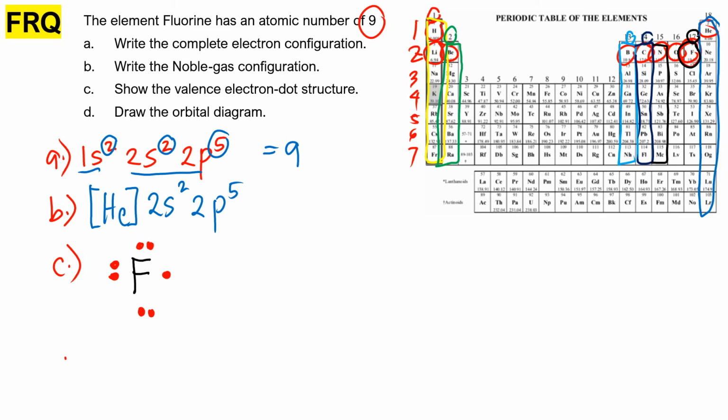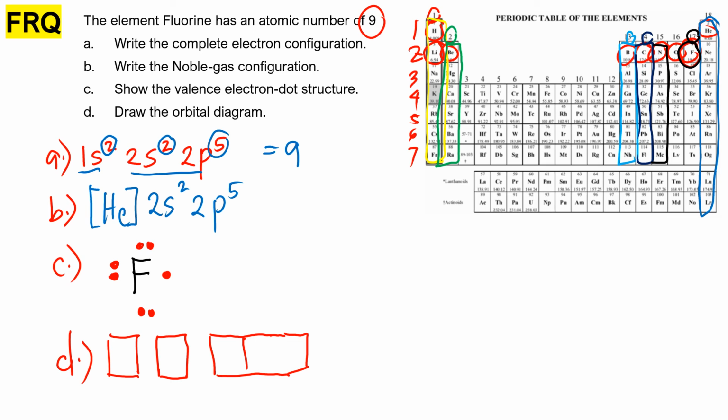Letter D. For letter D, you can use the orbital diagram vertically or horizontally. I'm very comfortable using the orbital diagram in a horizontal way, so I will just draw boxes. This is for my first energy level, then the second energy level, my 2s, and then the second sublevel, my 2p orbitals.